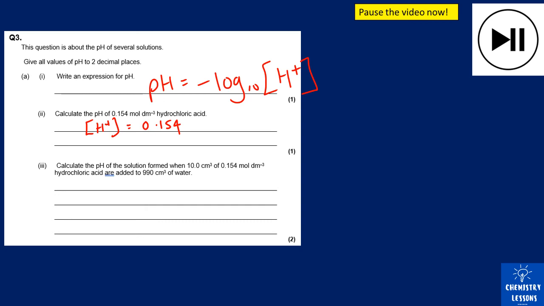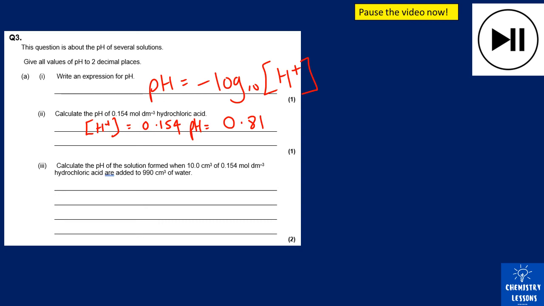So if we punch that into the calculator, minus log base 10 of 0.154 is equal to 0.81. So my pH is equal to 0.81 at 2 decimal places.